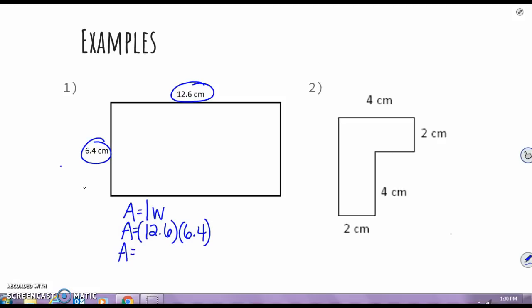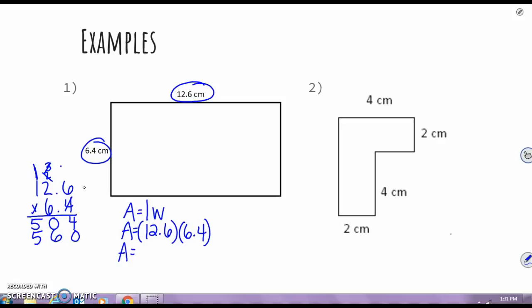Remember, when multiplying decimals, it's important to line your digits up so that we make sure we multiply correctly. 6 times 4 is 24. 2 times 4 is 8, plus 2 is 10. 1 times 4 is 4, plus 1 is 5. We drop 0 as a placeholder. 6 times 6 is 36. 2 times 6 is 12, plus 3 is 15.